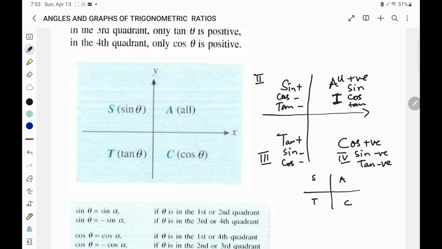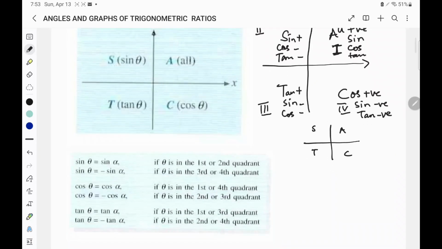Here it's also written that sine theta is positive in the first and second quadrant. Sine is negative in the third and fourth quadrant, as I explained at the top.